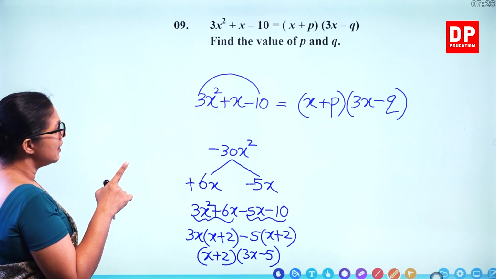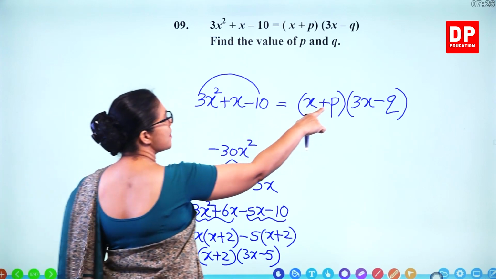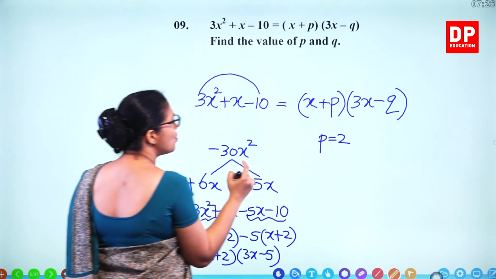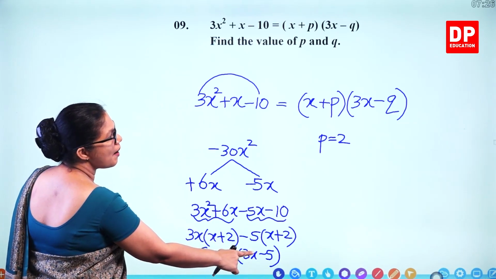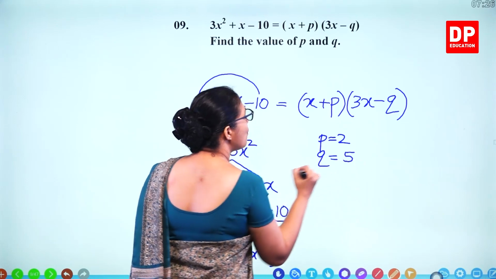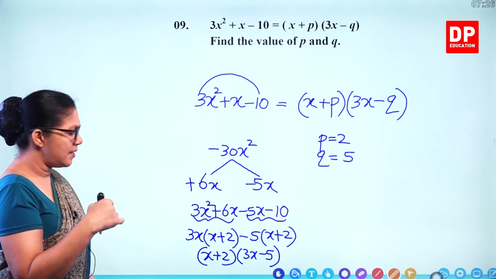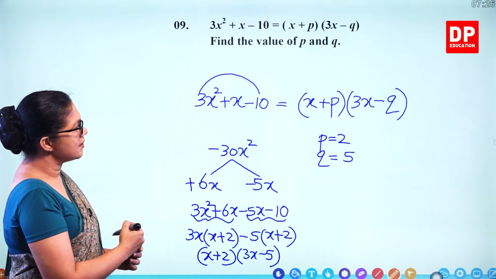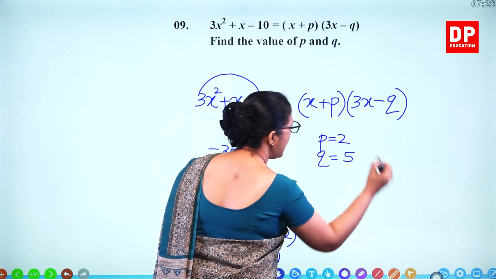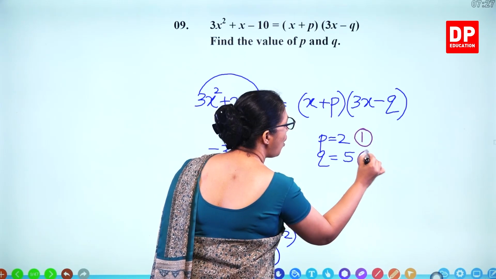So we'll substitute here x plus 2. So that means P should be equal to 2 and 3x is there minus. So Q should be equal to 5 when you compare the 2 factors. So 2 marks, 1 mark for finding P, 1 mark for Q.